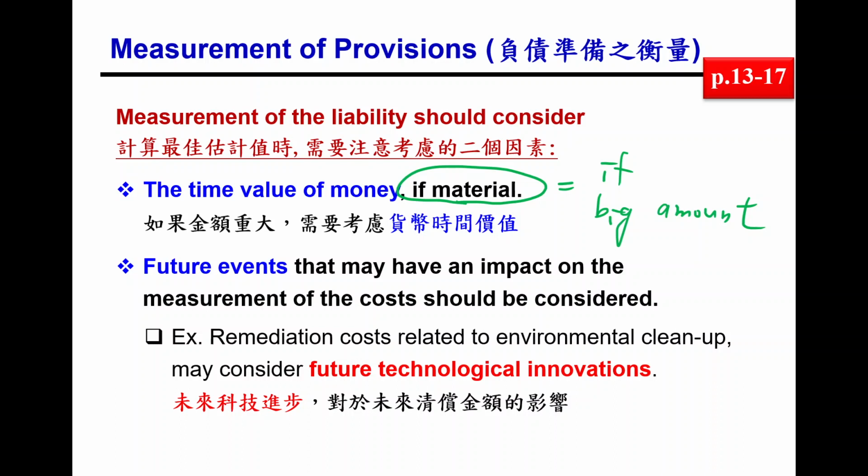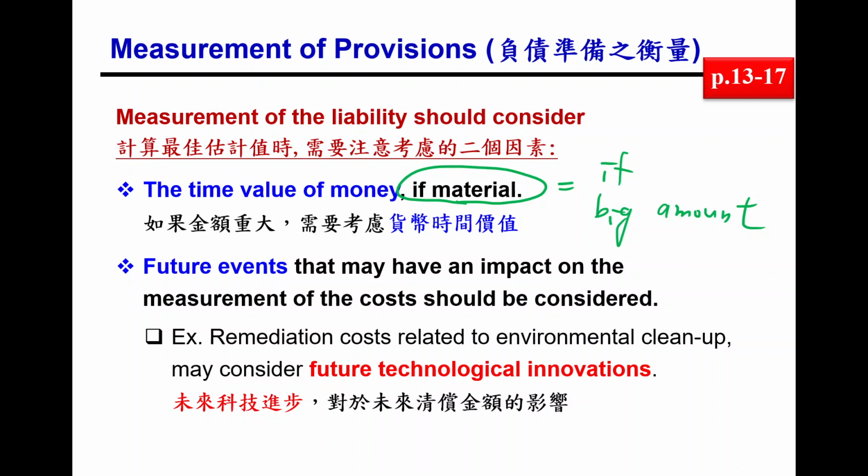So when we don't mention time value of money, it's not that it's not important. Time value of money is important. Okay? But we don't mention it because we assume it's not that material. It's not that big. So we skip it. Also, when we talk about future technology, maybe after 5 or 10 years, you use different technology, right?